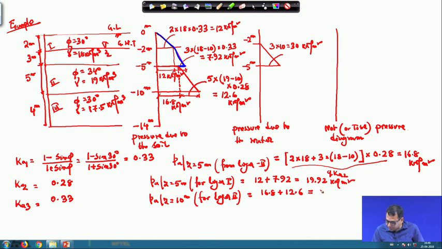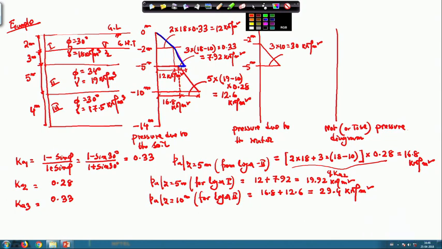So, this total one is 29.4 kilonewton per meter square. I am just drawing this part also.